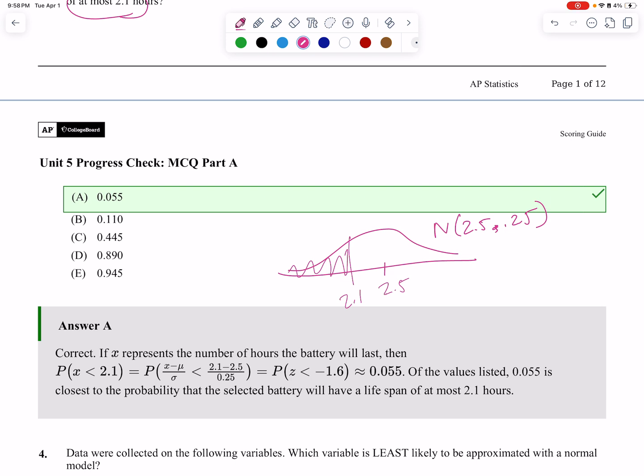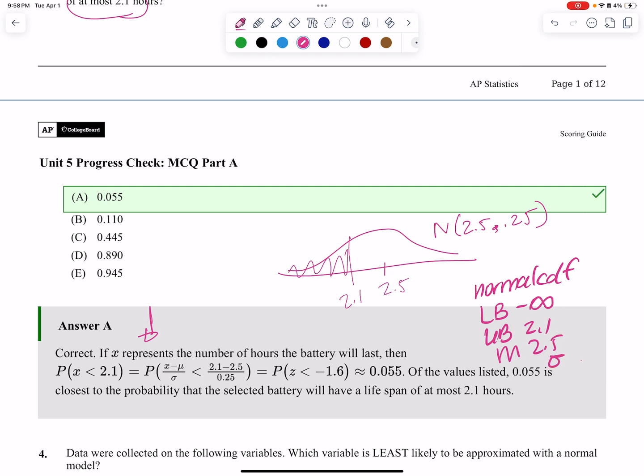This here shows you the solution using z-score, but you would use normal CDF, where the lower bound is negative infinity, the upper bound is 2.1, the mean is 2.5, and the standard deviation is 0.25. Normal CDF, of course, is on our distributions menu.